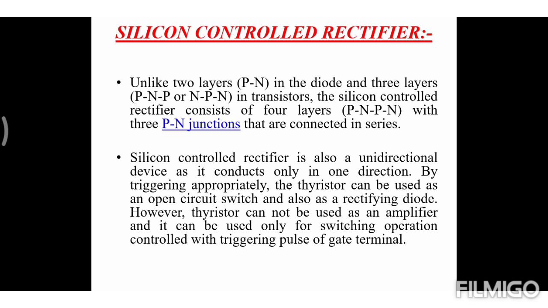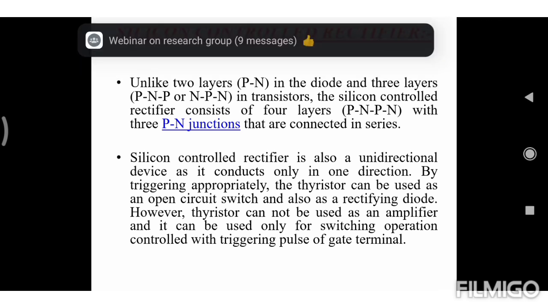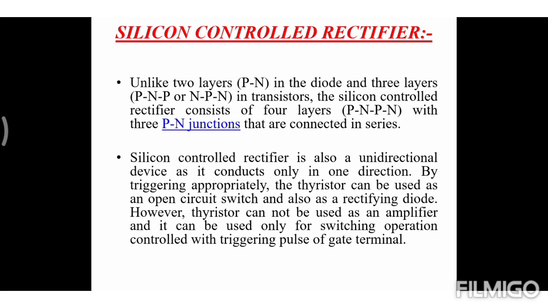By applying the triggering pulse, the thyristor can act as a switch. That means when we apply the trigger pulse to the SCR, only then does it start conducting. But if we do not apply the triggering pulse or gate pulse, then it acts like an open circuited switch.